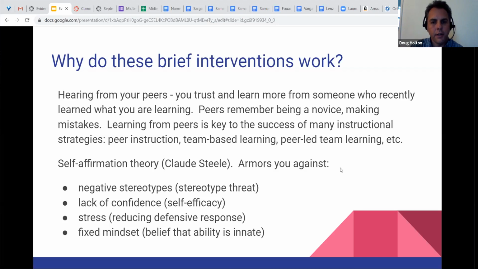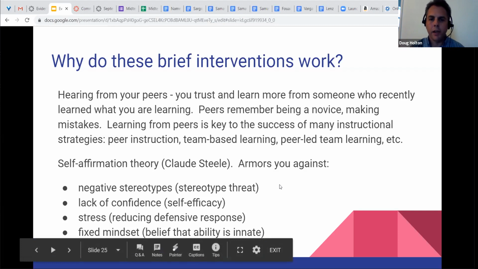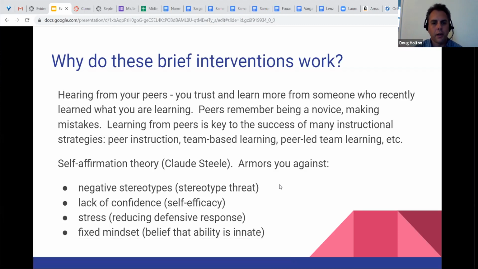And some other theories for why these strategies work is that values affirmation and so on helps sort of vaccinate them against negative stereotypes or helps them confront and better cope with potential issues like stress or a lack of confidence. Another intervention that I'm not describing here, but probably most of you have heard about, is growth mindset. There's a 30-minute module that an organization has made that students can do online to help develop their growth mindset.